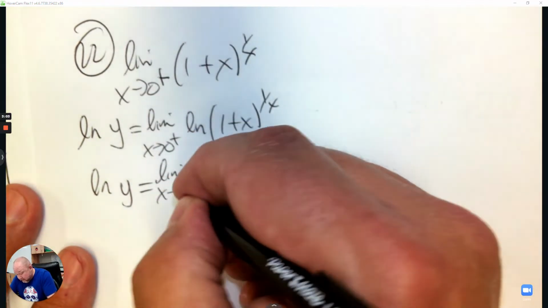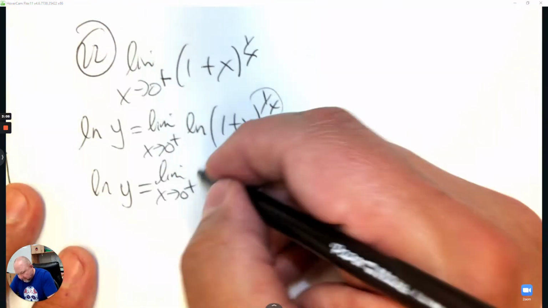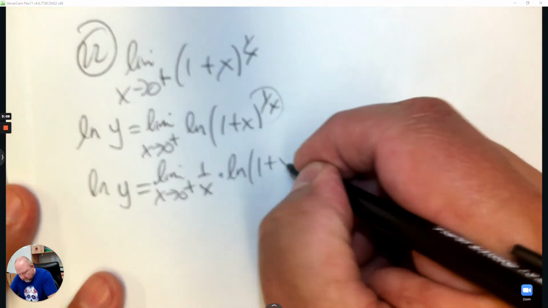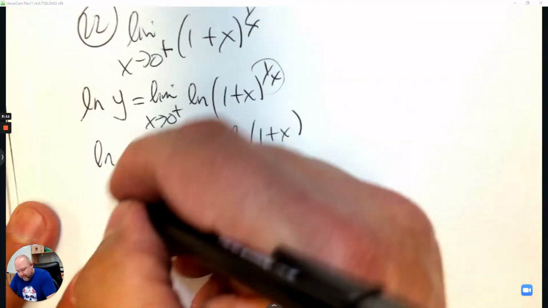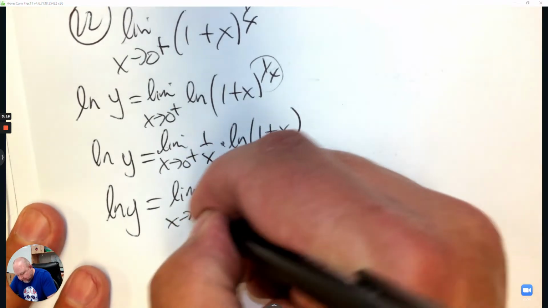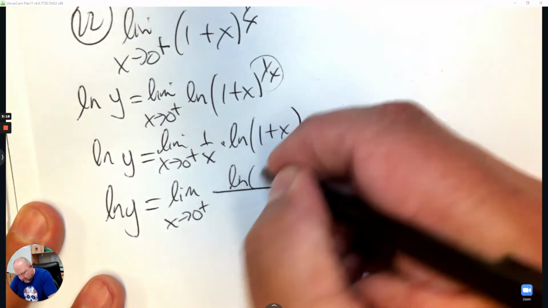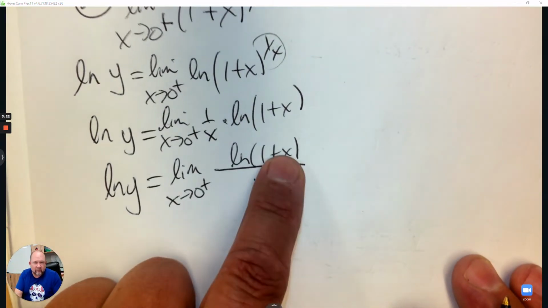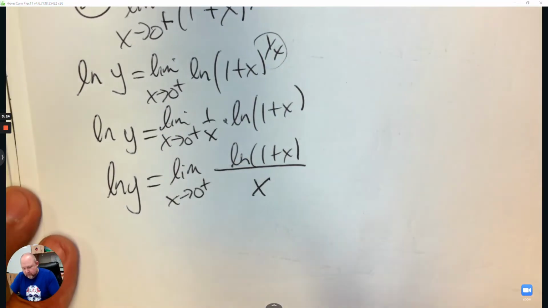And to write it with the power rule, 1 over x, that goes in front. We're going to write it as a quotient or a fraction. If you evaluate at 0, it's 0 over 0, so it's L'Hopital's rule.